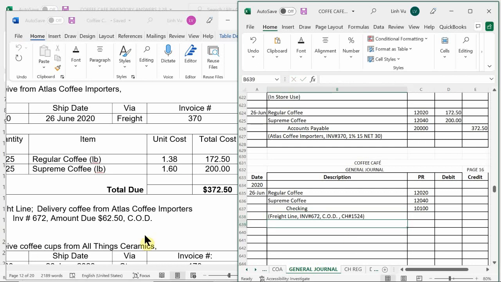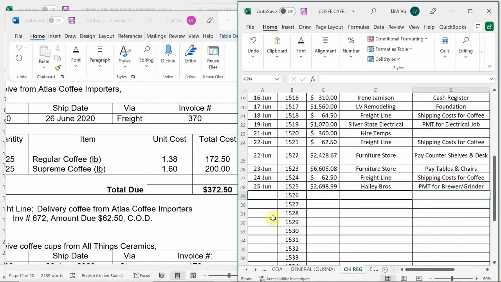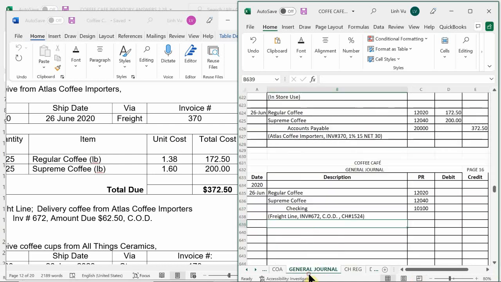So I need to go to my check register because I have to issue a check. It's for $62.50. Who did I pay? Freightline, for shipping cost for coffee. So $62.50 for check number 1526.